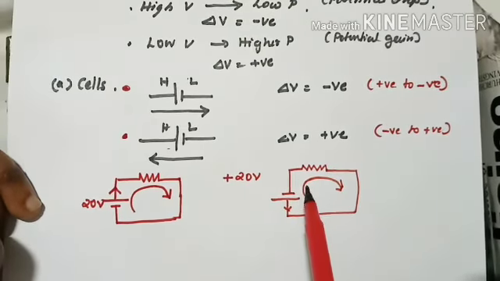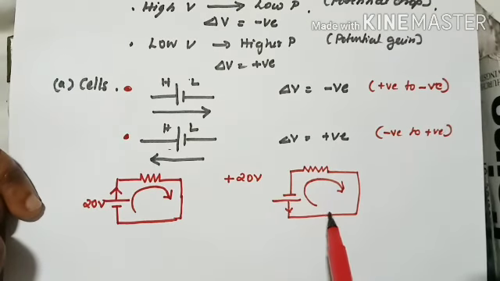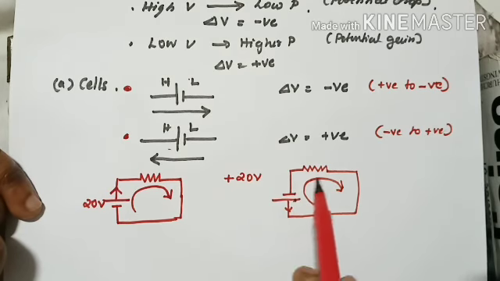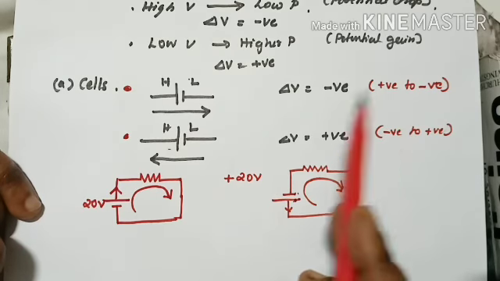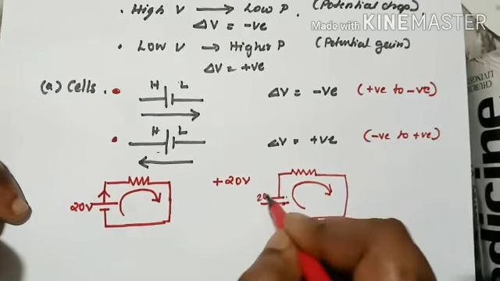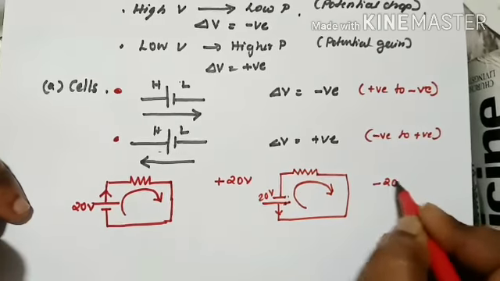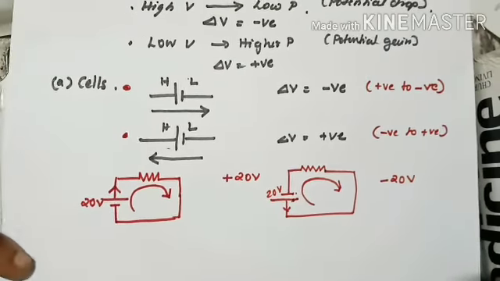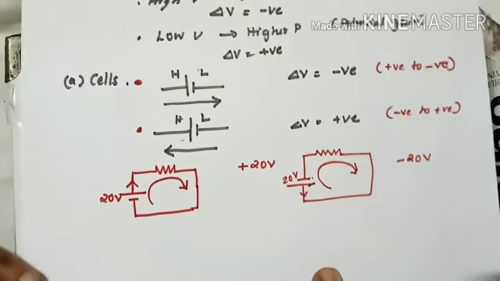Then I reach here, and now I will be moving from positive to negative, and only then is the loop completed. Moving from positive to negative, the potential is negative, right? So suppose this is 20 volt, then I have to write here minus 20 volt. Clear? This is what I meant while doing the circuit section.